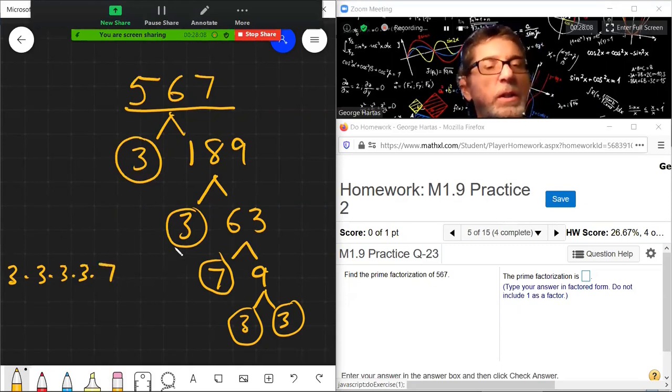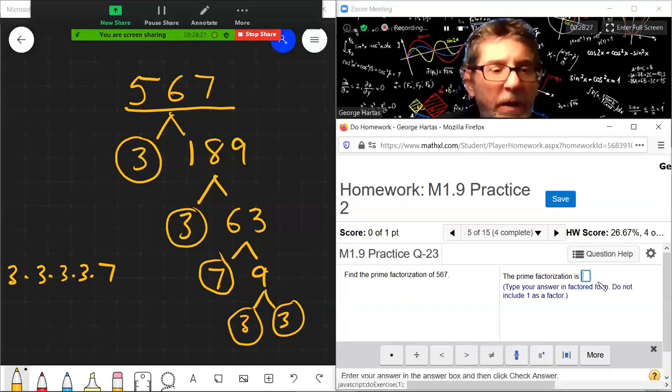There it is. So the prime factorization of a number is the DNA of the number. Every number has a distinct DNA, a different prime factorization. Pretty cool, right? Anyway, so we have a bunch of 3s here.